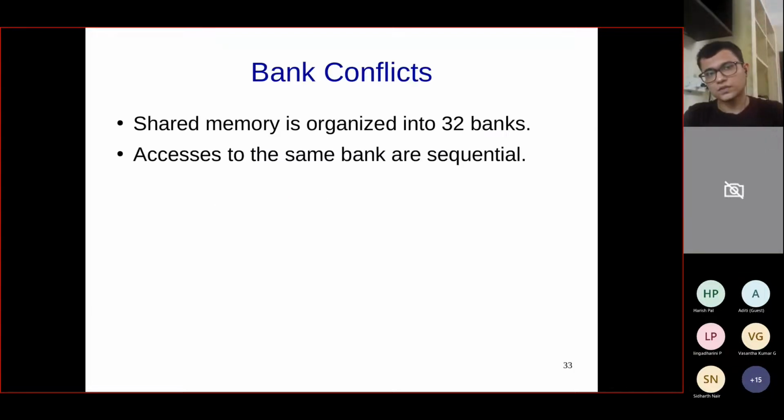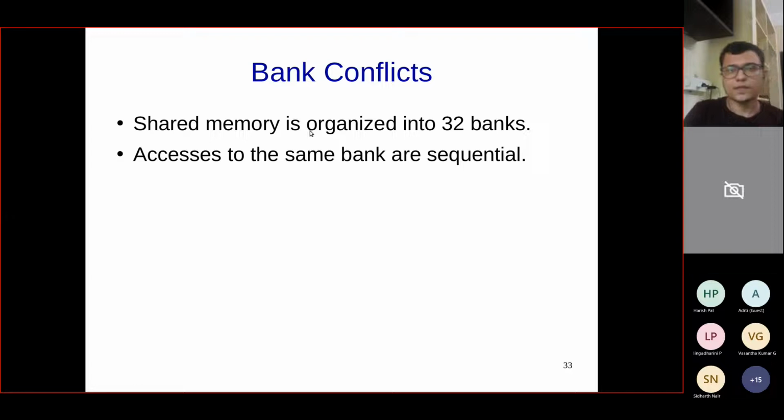So this was where we left off. We saw that there is something called bank conflict, which is very similar to memory coalescing. But bank conflict is related to the shared memory, while memory coalescing is related to the DRAM of the GPU, or the global memory.